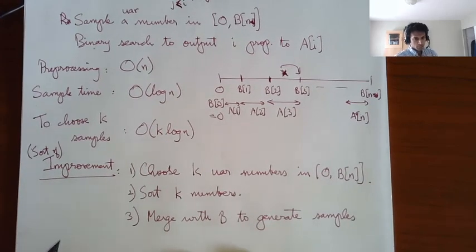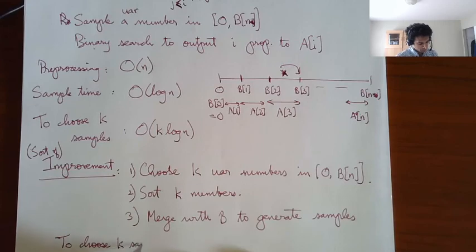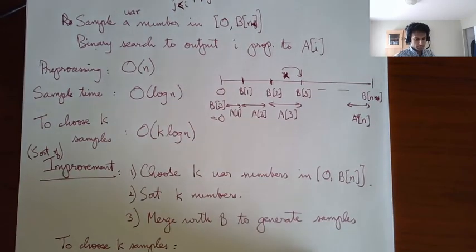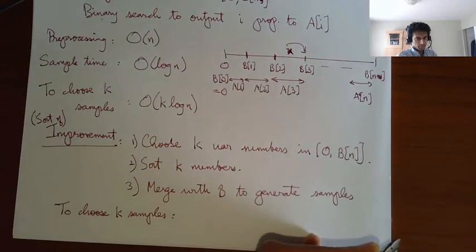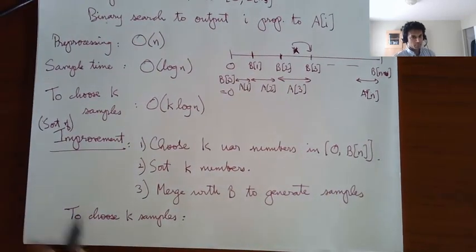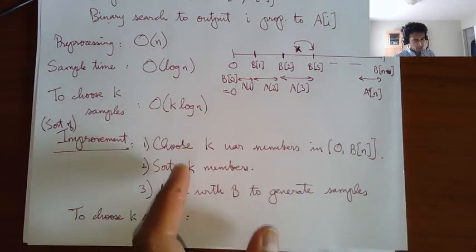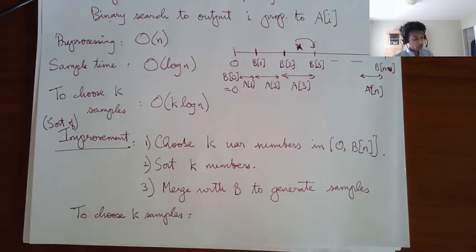So how long did it take to choose k samples? It took more than k. You chose k uniform random numbers, sorted the k numbers, and then merged with b.